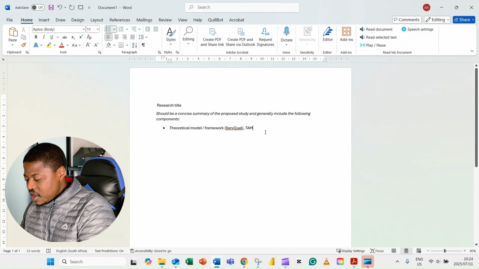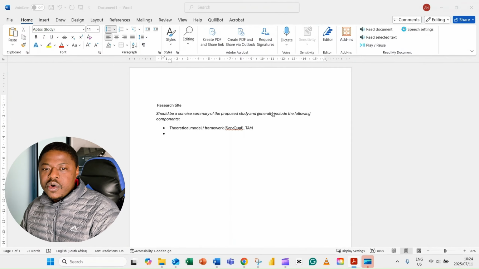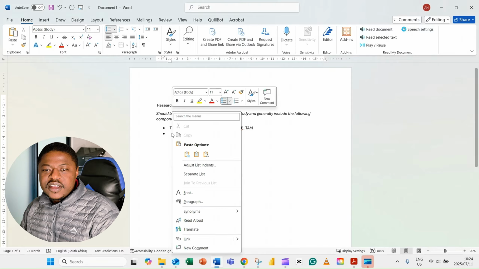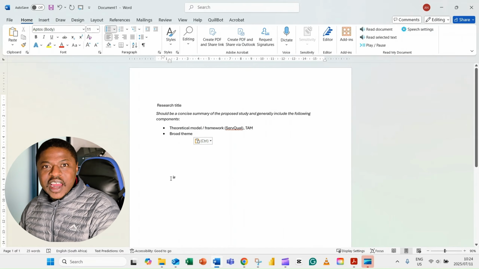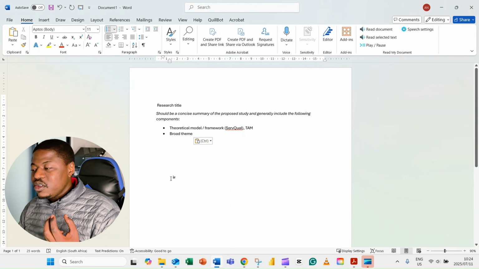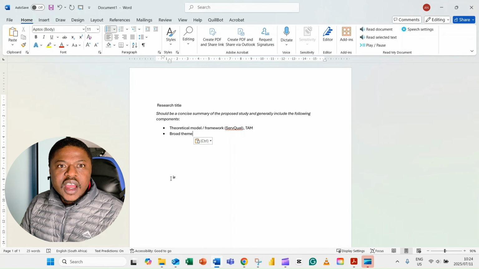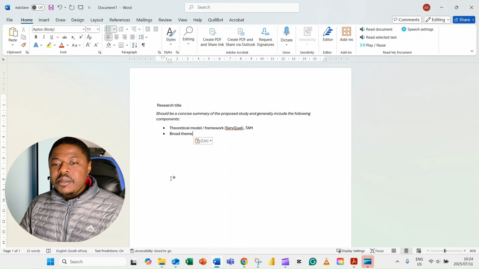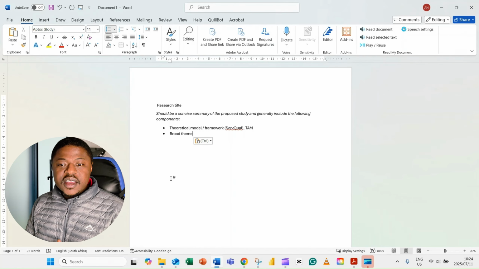The next thing, when you're looking at your title, is that you need to think about a broad theme. Remember, all of these elements are going to form part of your title. The broad theme is where you are focusing. Is it e-commerce? Is it mobile commerce? Is it social media marketing? Is it email marketing?